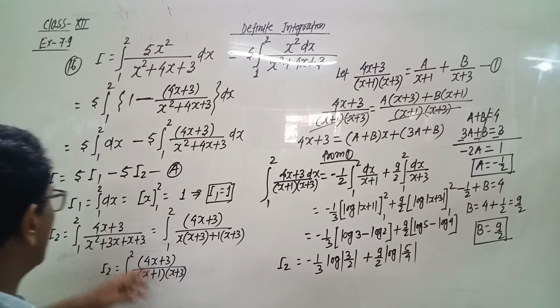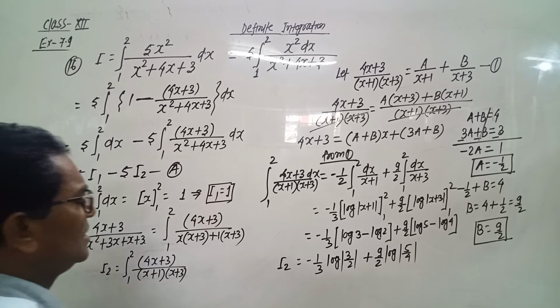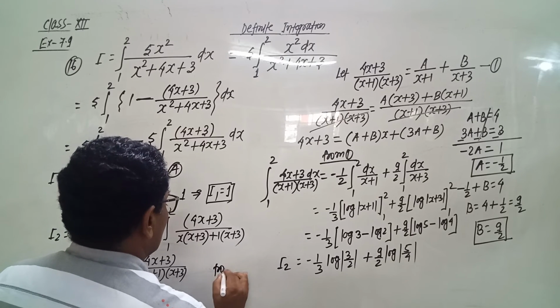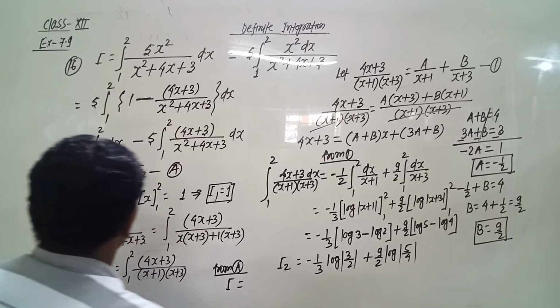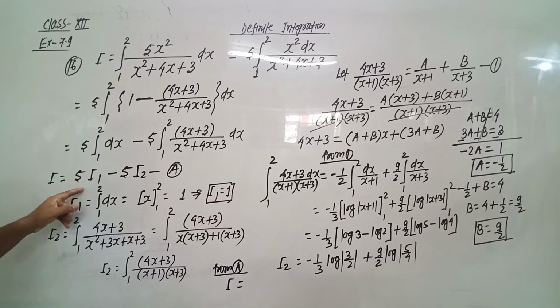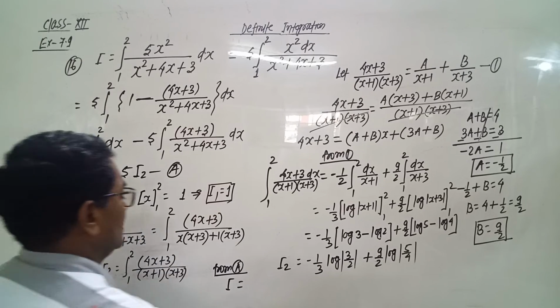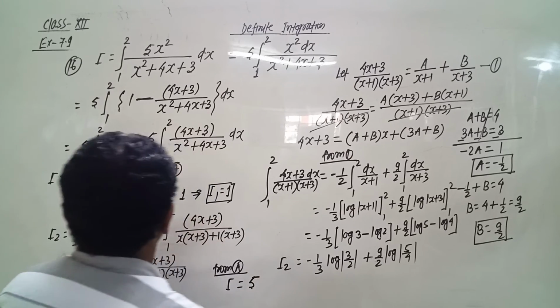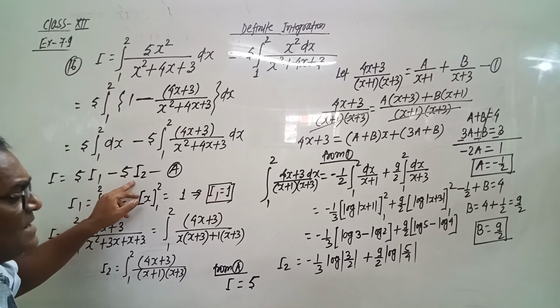Now put the values of I1 and I2 in equation number A. So from equation A, I equals 5I1, and the value of I1 we have calculated is 1, so this comes 5 minus 5I2.